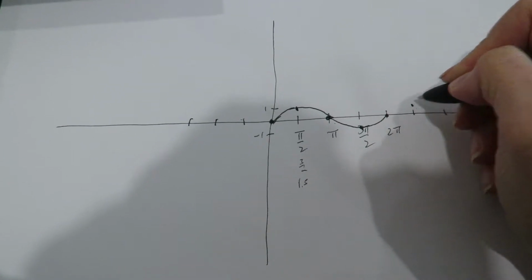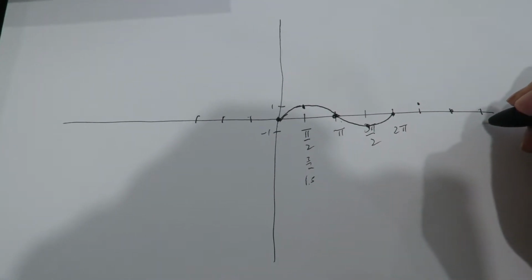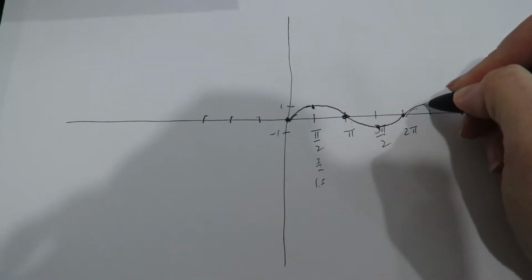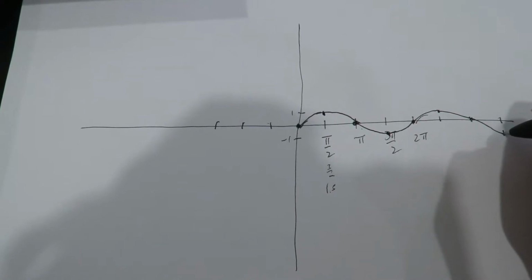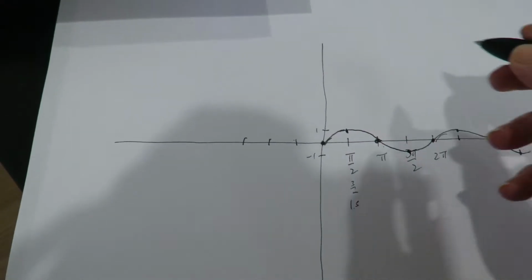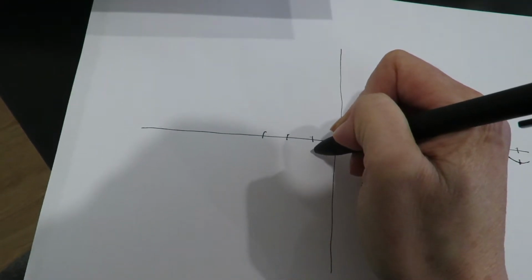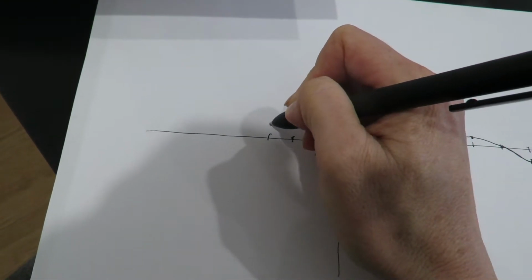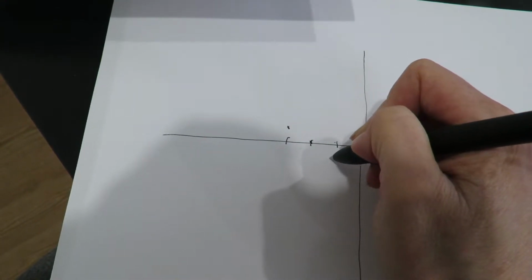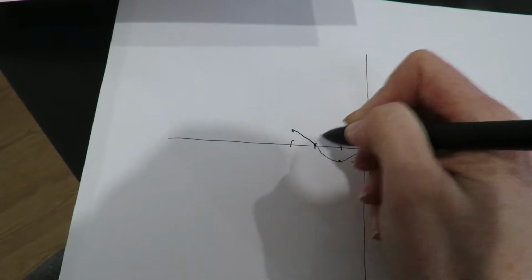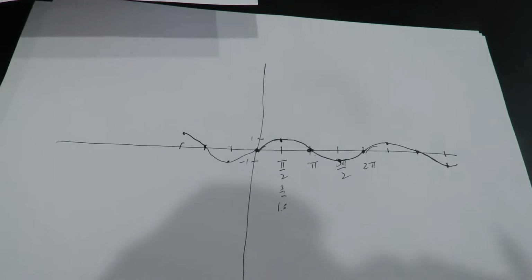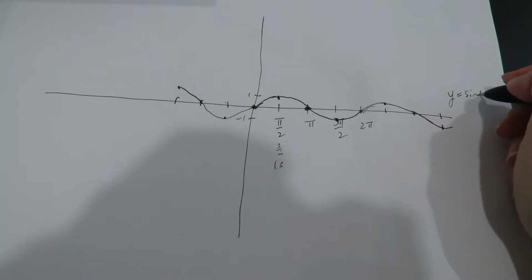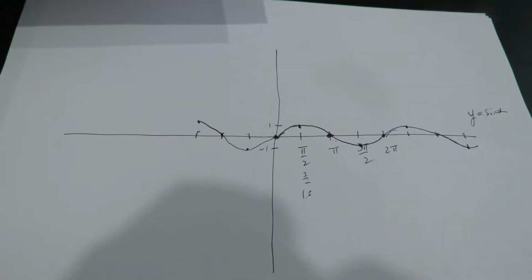Middle, up, middle, down, middle, down, middle, up. Okay, so what I did there is I just pulled out the sine function. So the graph in the black is a sine function.